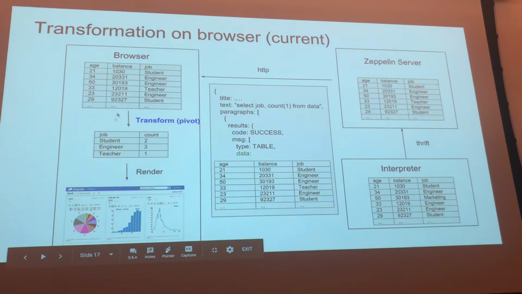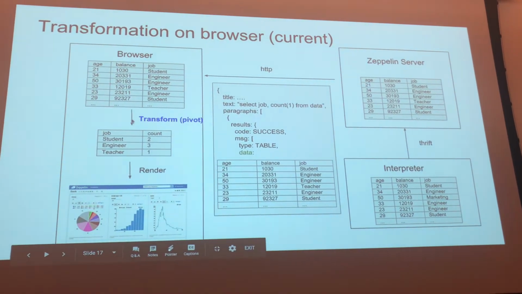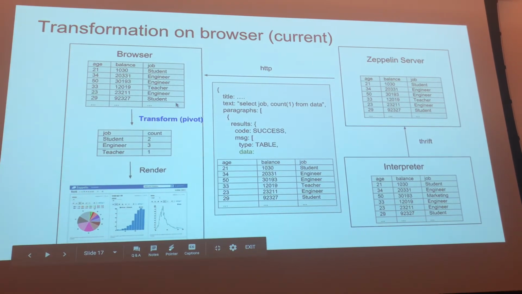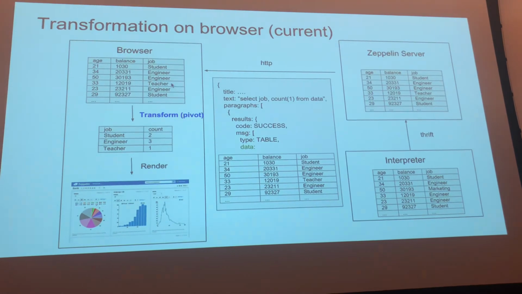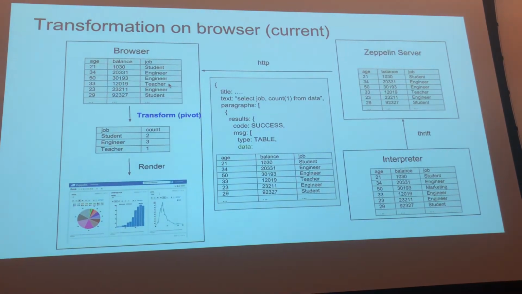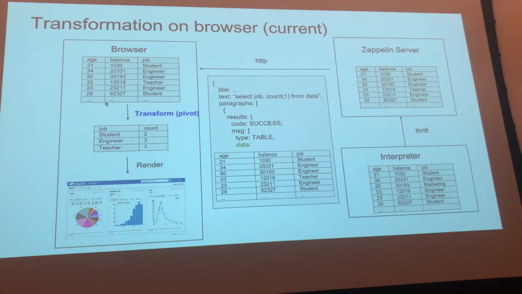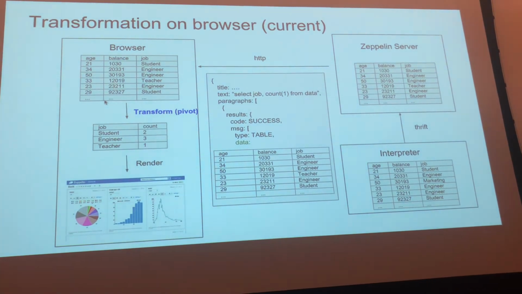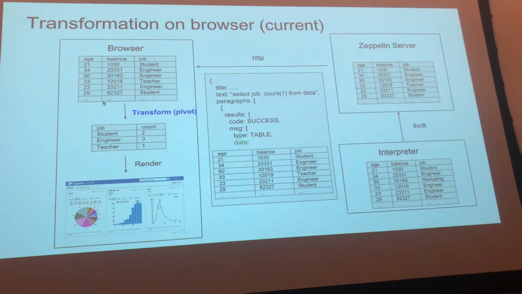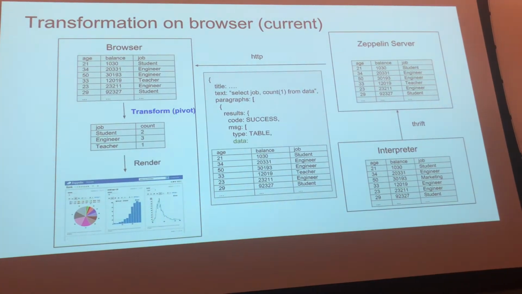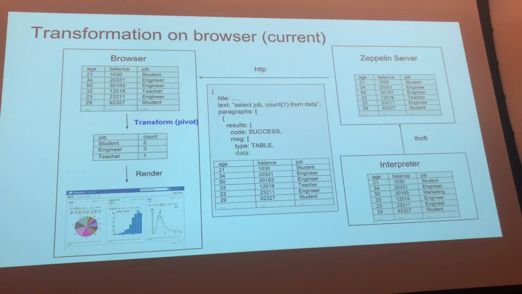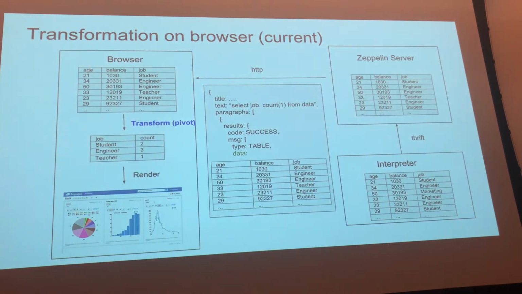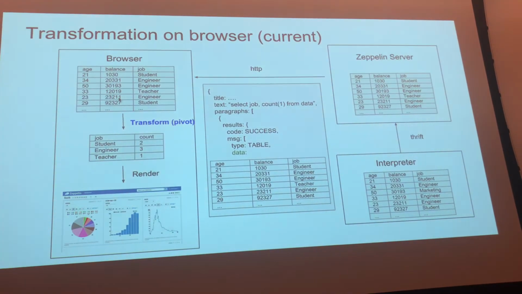This is really cool, but as you can probably see, it is very limited because all the data needs to be transferred from the interpreter to the browser. That means you cannot handle even 1 gigabyte of data. It's not a huge amount, but it's almost impossible to load inside the browser and handle it. So this is one big limitation.